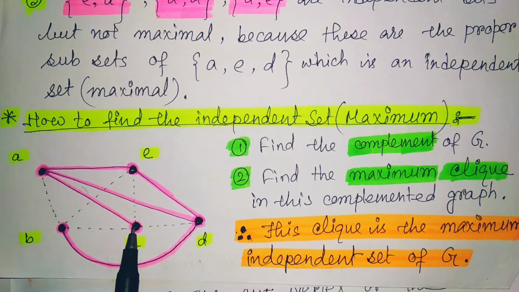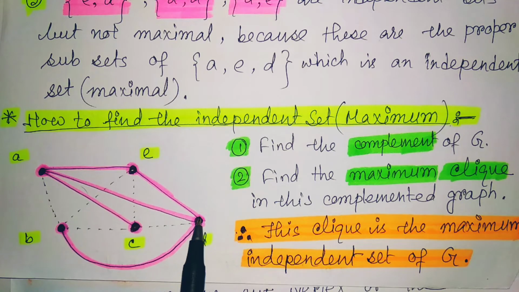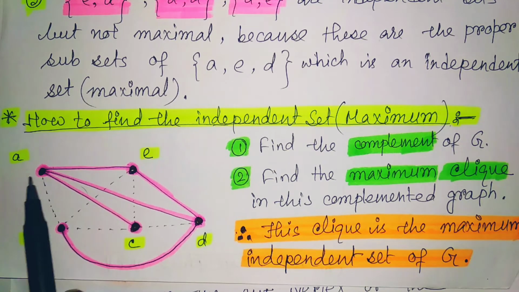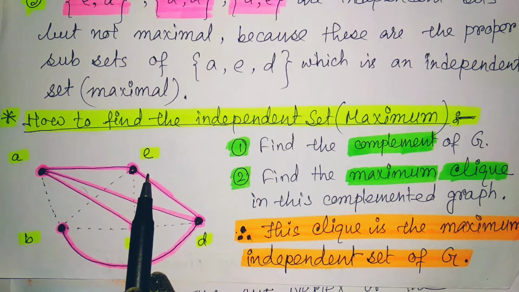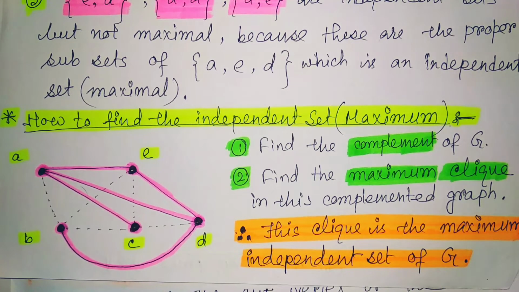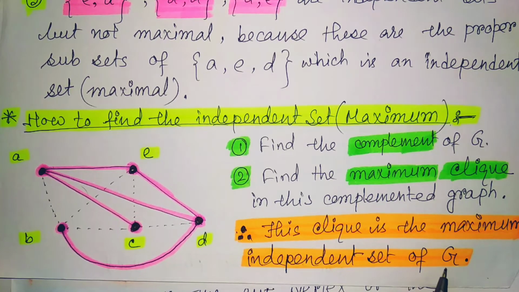Now AC is another clique and ADE is another clique. Among these three, definitely ADE is the maximum clique for this complemented graph. So this clique is the maximum independent set of G.